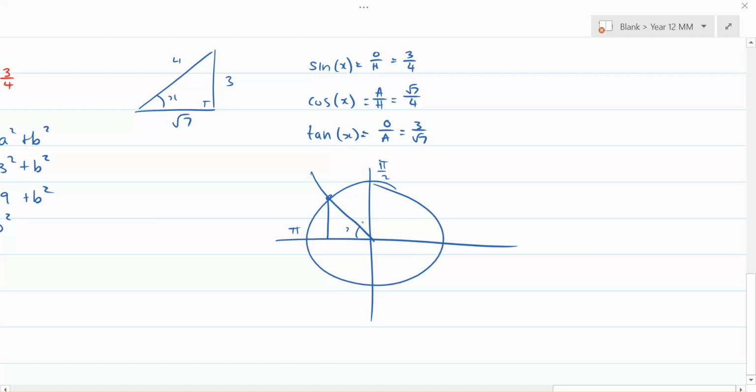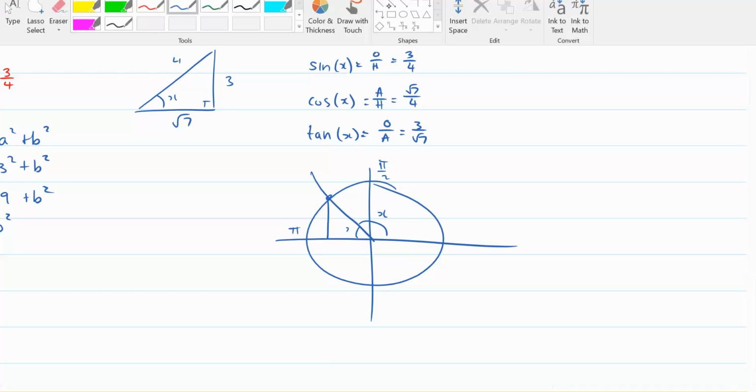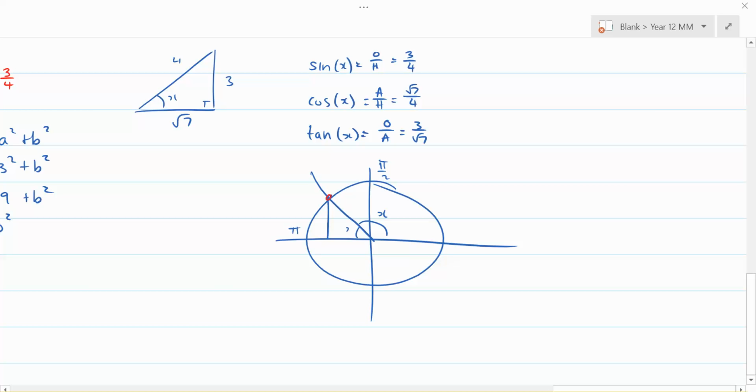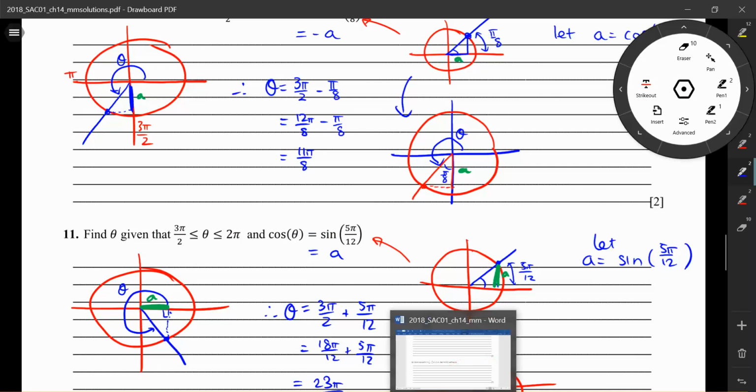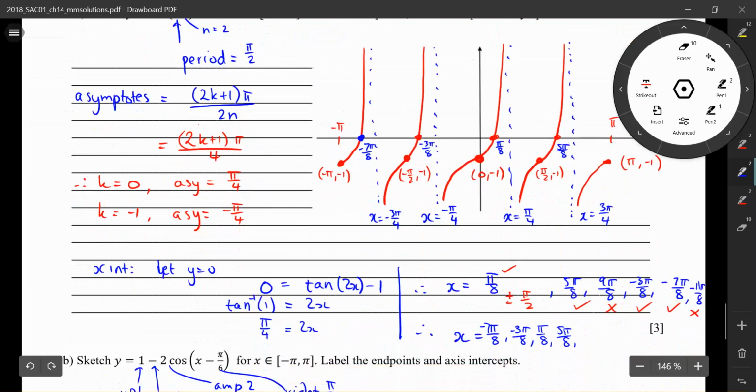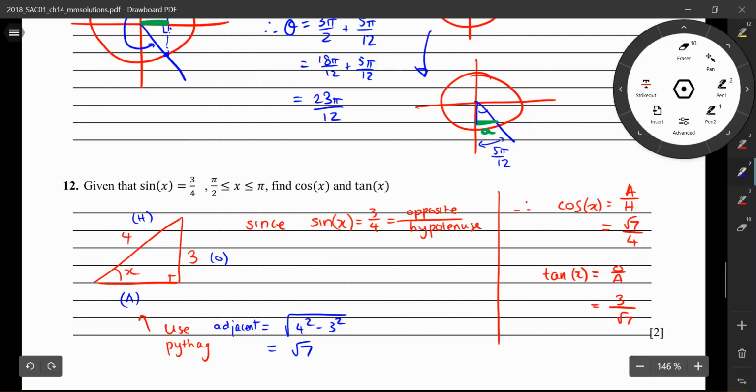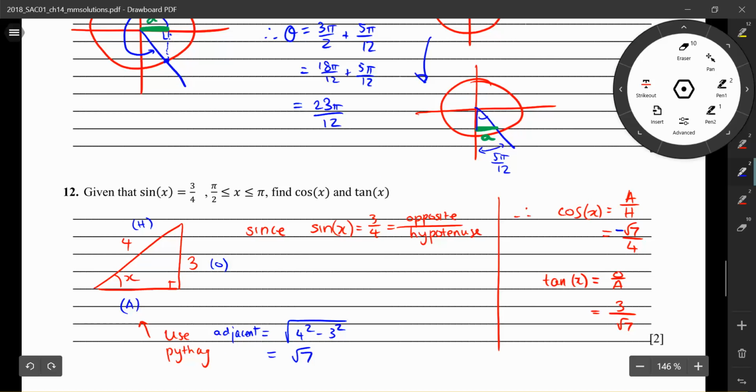What you've got to know is in this region, sine is negative, so it'll still be 3 and 4, but the sine value is negative, and the cos length is a negative root 7. So cos should be negative root 7 on 4, and tan is clearly negative, so it's negative 3 on root 7. So I believe my answer is wrong in my solutions, which I've got to go fix now. I'm going to go back, and I think the answers here should be negative and negative.